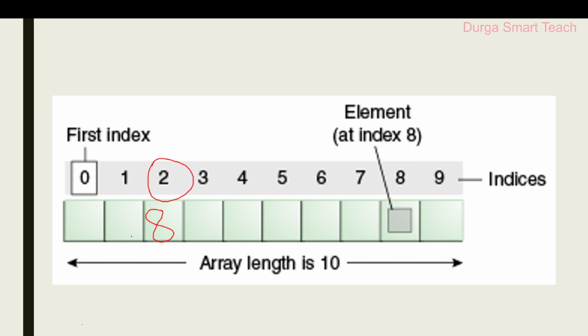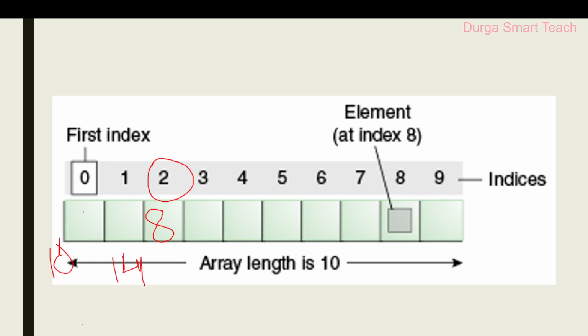Okay, so every value in an array has a unique index value, and all these elements are stored in continuous memory locations. For example, this one starts with address 10, and the next is 14. Why?